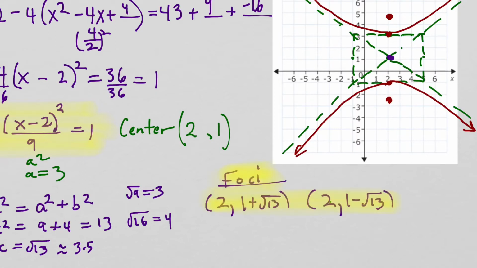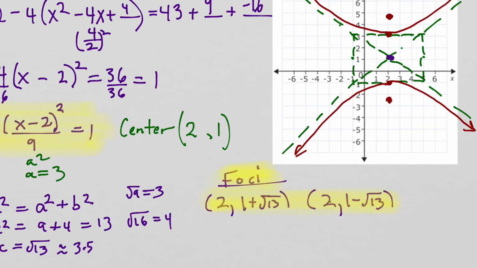And now the next thing that I want to record are the vertices and the co-vertices. Okay, so we already mentioned that the vertices, which is plural for vertex, are these two dots right here and here. These two dots are actually on the hyperbola itself.